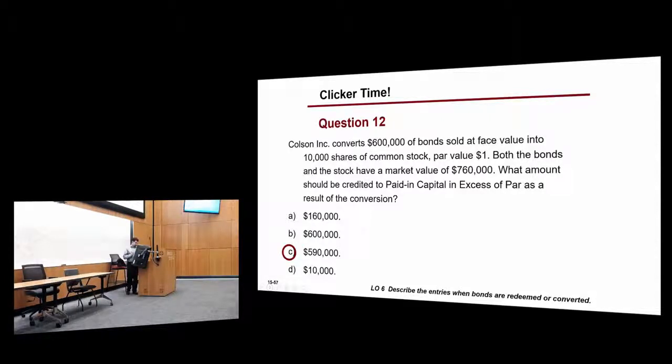What we have here is the company converted 600,000 bonds sold at face value. Okay? It's 10,000 shares of common stock, par value $1. So the company will debit bonds payable 600,000. The company will also credit what?